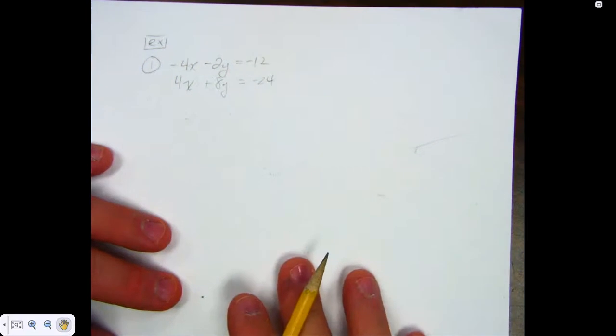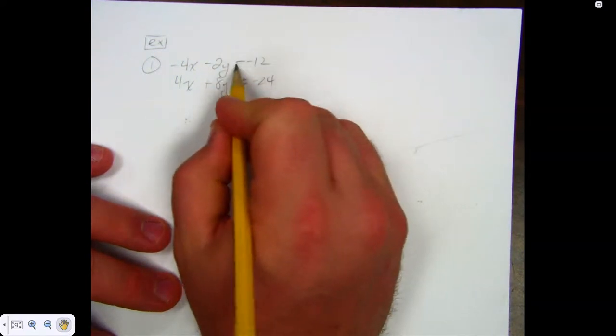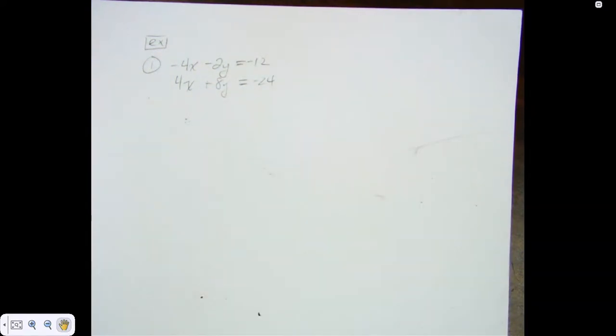Now, do you see how I lined up my equal signs? When you add equations together, you can think of it like this. Once you've got this written down, I want all eyes up here. We're going to go over this.